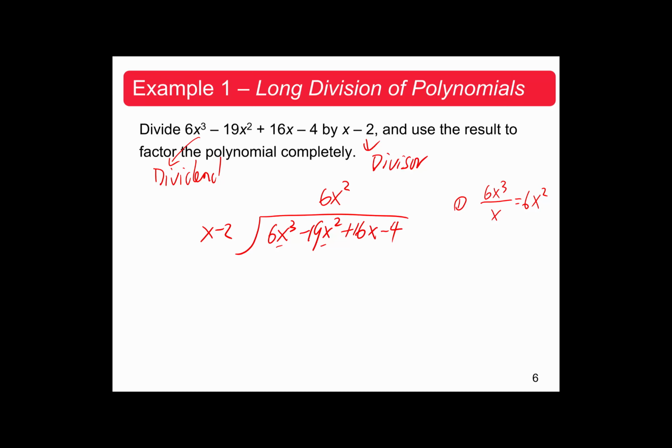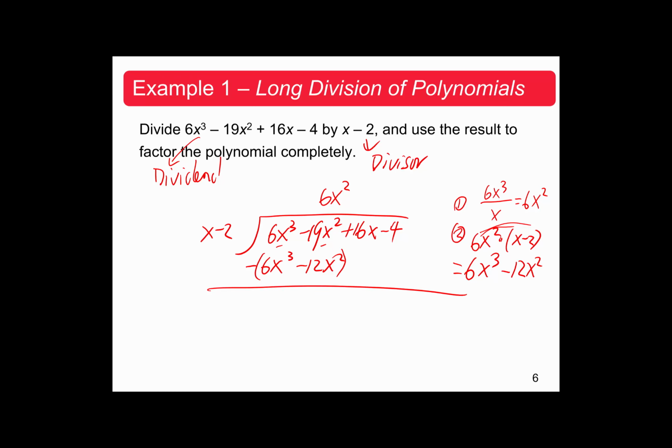Now, step 2, you multiply 6x squared by the divisor and distribute it. You get 6x cubed minus 12x squared. Now you copy those two terms, put them underneath the first couple of terms, and put a minus sign in front of it.